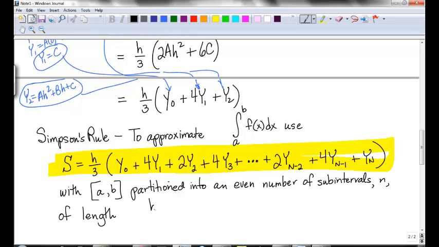Okay, and it's still h equals b minus a divided by n. Whoops, I wrote that wrong. Hang on. The divided just goes over here. h equals b minus a divided by n. Okay.